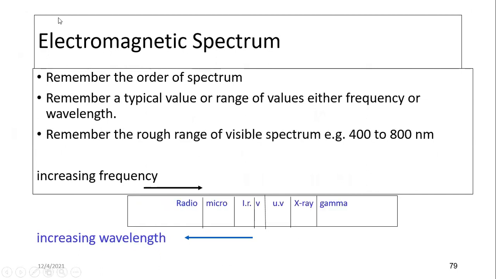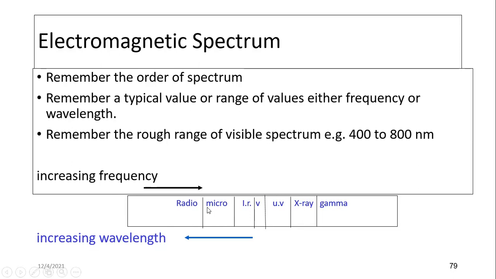Okay, the order is important. Remember the order of the spectrum. That means where is radio wave. Right? They don't have to draw radio wave to the right every time. Radio wave can be drawn to the left. Right? Where increasing wavelength is to the left, increasing frequency is to the right in this diagram. Remember a typical value, right? For each section, like radio wave, microwave. Right?